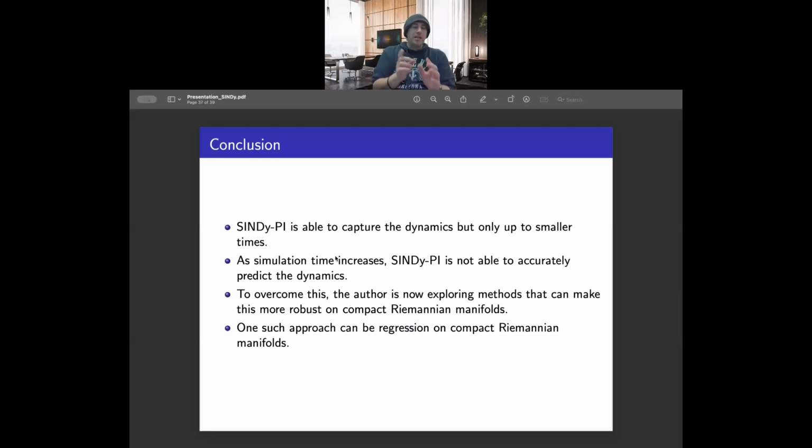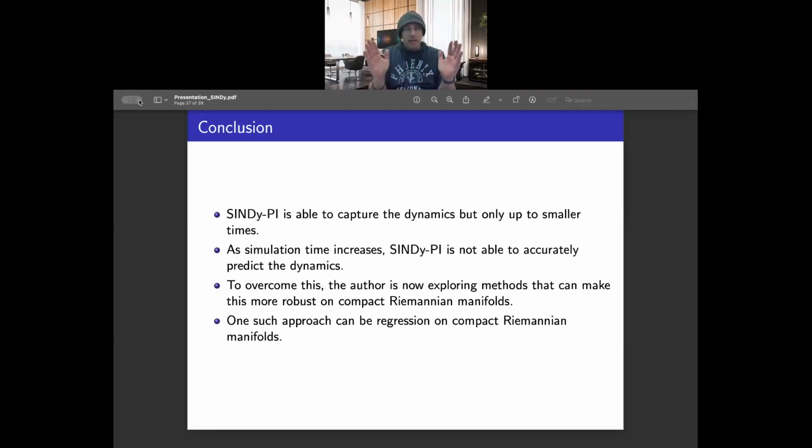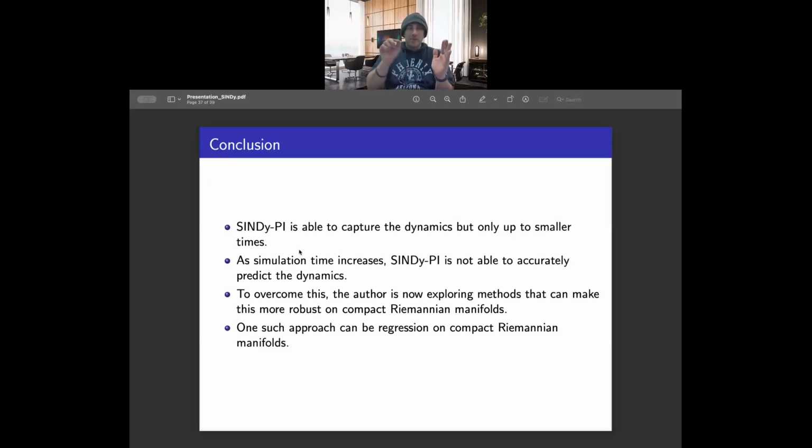So what I'm saying is that if you have sampling at a certain rate on a line, you're going to have a sparse sampling because you keep sampling at different points. Well, on a manifold, let's say the circle, you keep having denser and denser samples, unless you are sampling at a multiple of the period.